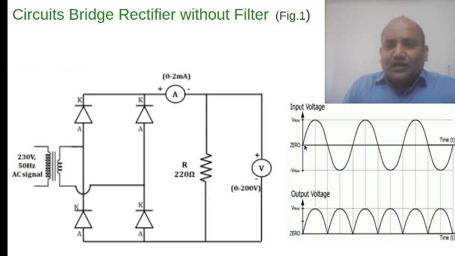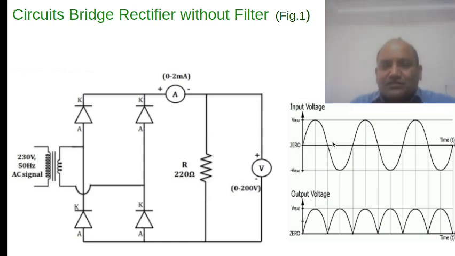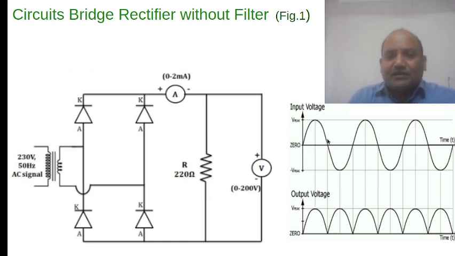Another important thing: the average power, average voltage, average current for an AC signal is 0. So your objective, by using a rectifier, is to obtain some average value for this AC signal.